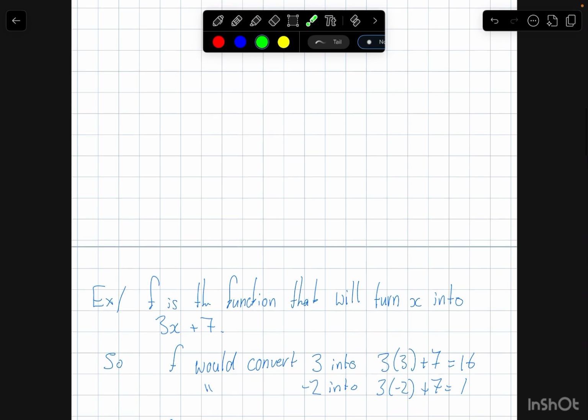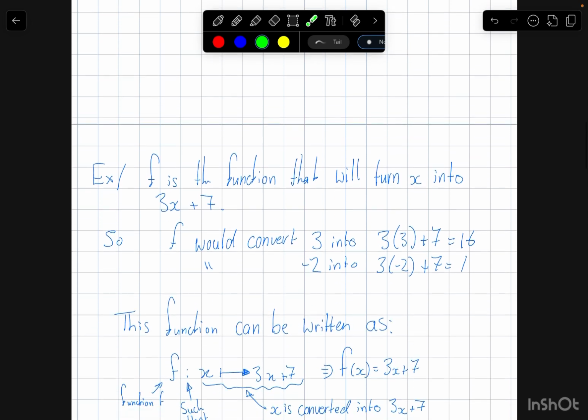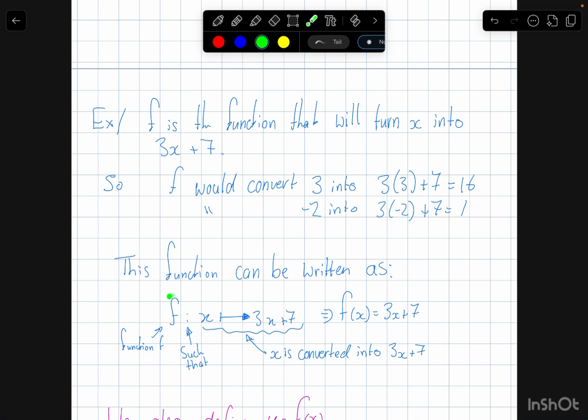Now there are a couple of ways we can denote functions. We're going to look at one that typically doesn't get used but is a really good definition, and then one that we are actually going to use and will probably carry forward through the videos. So we've got the function f such that x is converted into 3x plus 7. That is one way to represent a function.